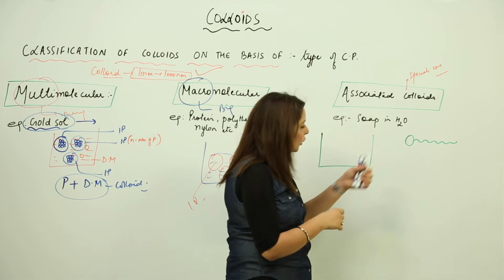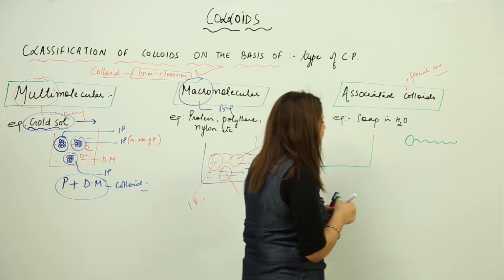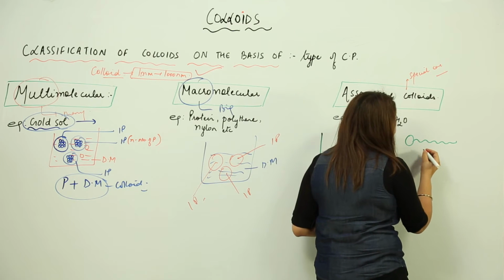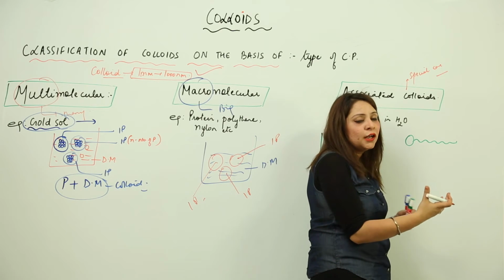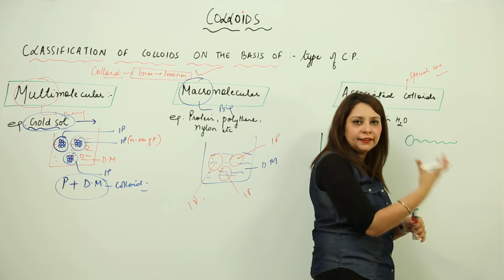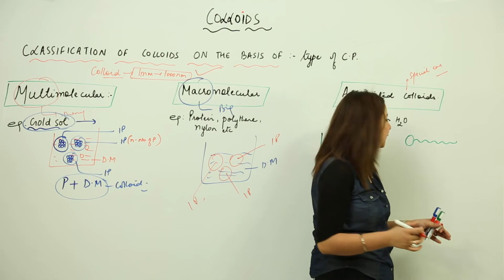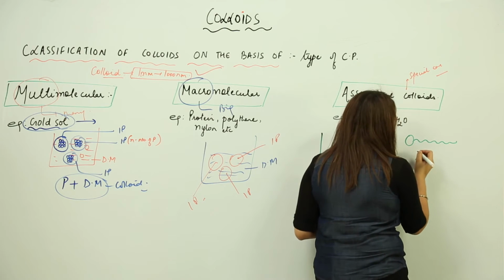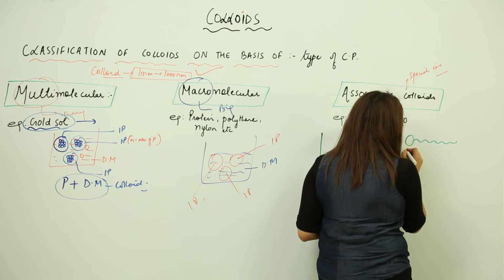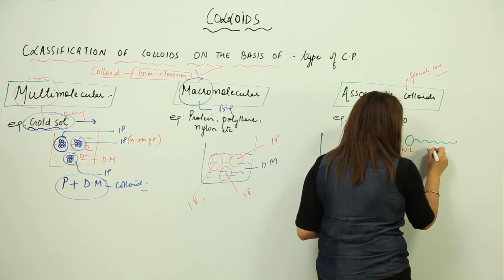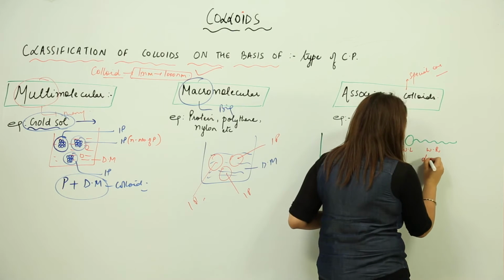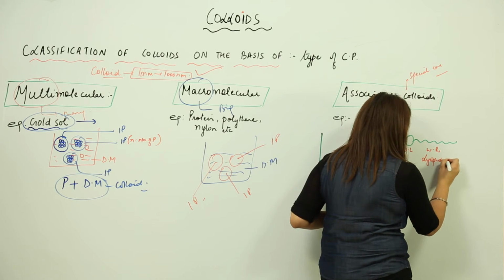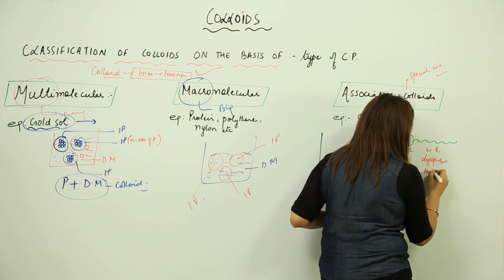So if we talk about associated colloids, they consist of a hydrophilic part and a hydrophobic part, or you say lyophilic and lyophobic, one and the same thing. So I'll just write that they have the water loving part and they have the water repelling part. The water repelling part is called lyophobic or hydrophobic.